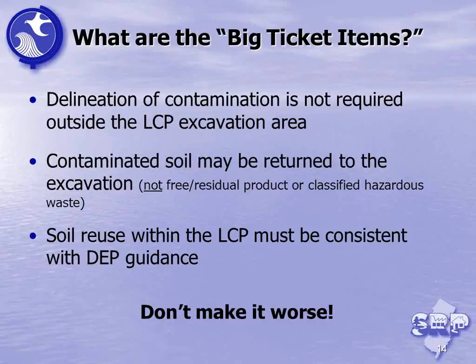And once again, the soil reuse within the linear construction project has to be consistent with DEP guidance. Often they've told me that linear construction entities, when they're doing a project, particularly cable or gas or something like that, conduct the remediation within their corridor because they don't want to give anyone access to that project.